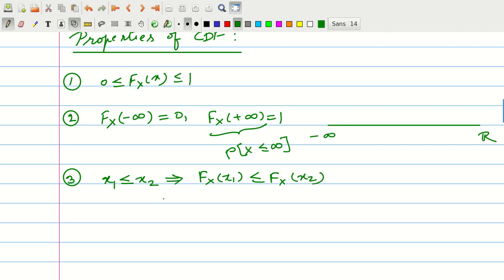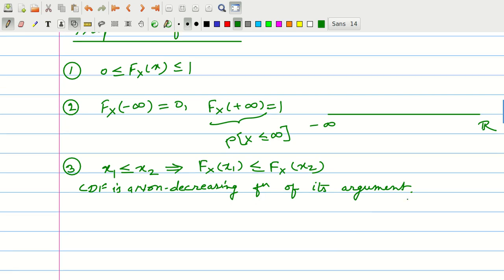This is called the non-decreasing property, or it says that the CDF is a non-decreasing function of its argument. We'll prove this property shortly.